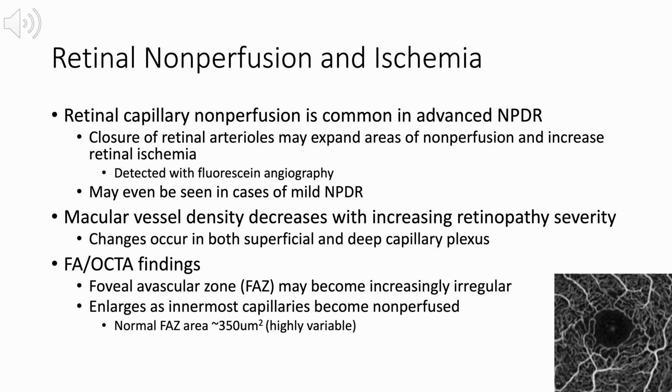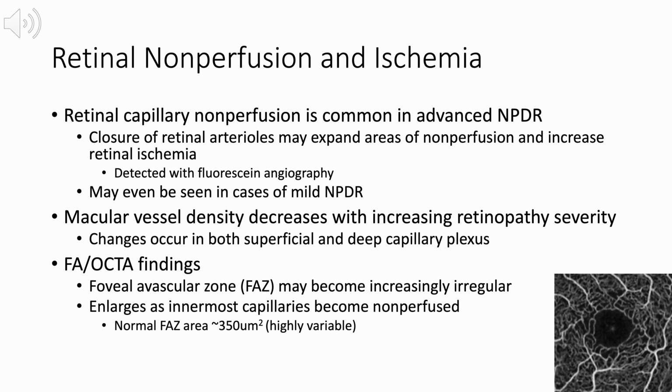As disease progresses, the FAZ may become increasingly irregular, and it enlarges as the innermost capillaries surrounding it become non-perfused. The normal FAZ area is approximately 350 micrometers squared, though this measurement is highly variable between individuals, which is why serial comparison within the same patient is often more informative than comparison against a population norm.